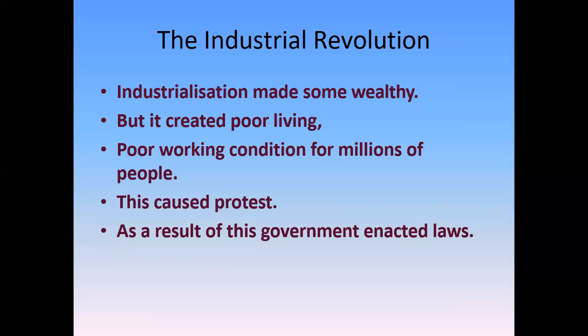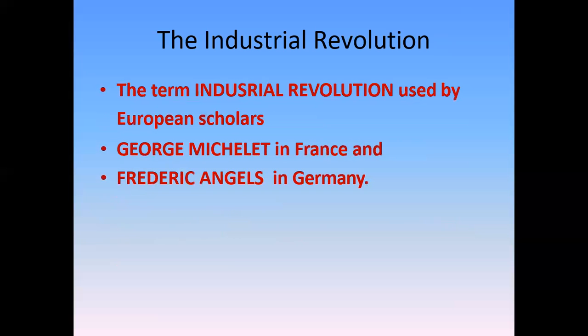Ashton celebrated the Industrial Revolution when England was swept by a wave of gadgets. So, industrialization made some people very wealthy, but it also created poor living and working conditions for millions of people, and this created a protest. And as a result of the protest, the government had to enforce a few laws.